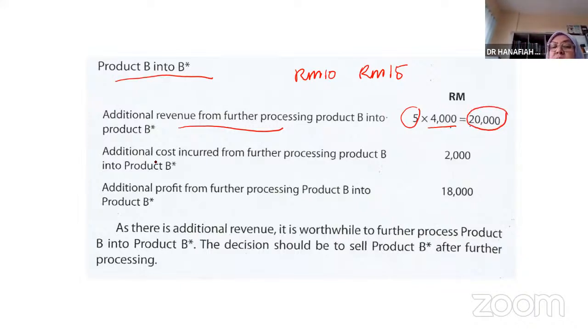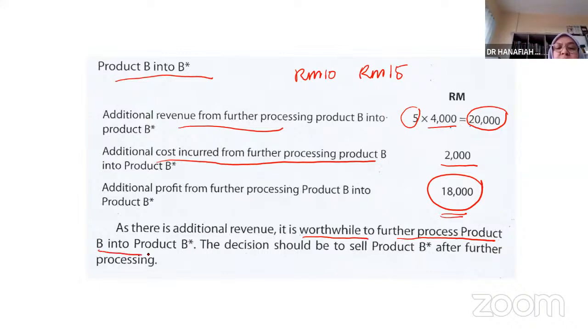However, the cost incurred is only 2,000. Then you earn 18,000. This is a huge amount. Therefore, it is worth further processing product B into product B asterisk and selling product B asterisk after further processing.